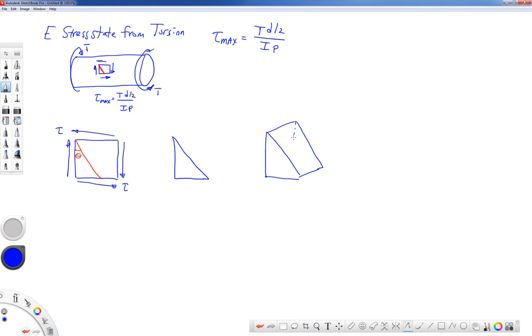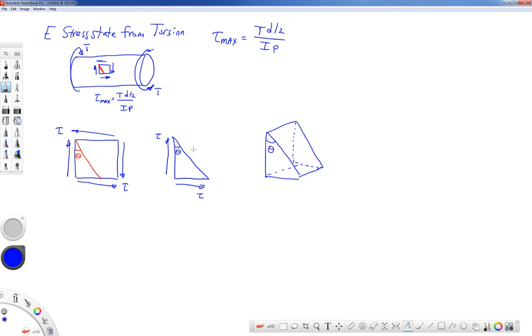And I'll just dot in the hidden lines in here. All right, so the angle theta is here, and it is here in this picture. We have our shearing stresses, and I'm going to draw those on my little triangle. And those are the values tau.